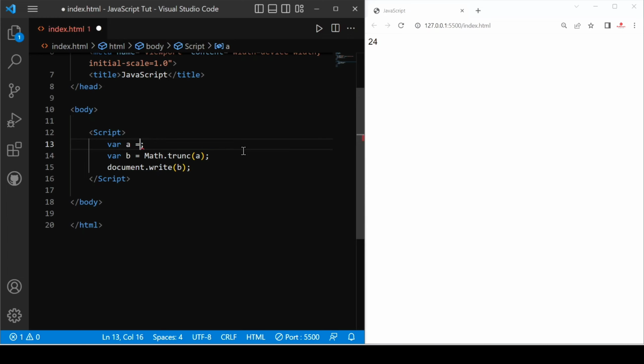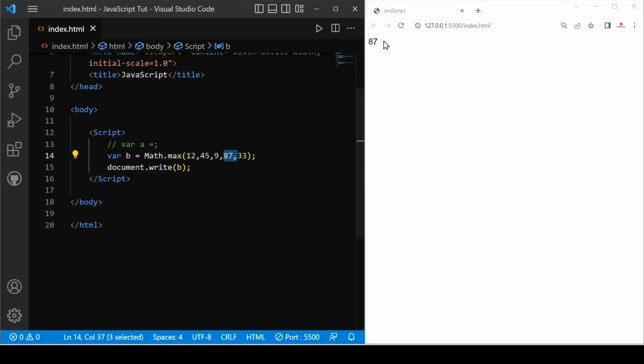For that we can directly provide here, I just comment this out, and here we provide max, and after that we provide values like 12 comma 45 comma 9 comma 87 comma 33. Now you can see the maximum value here is 87.